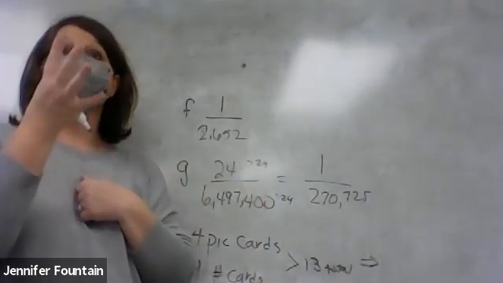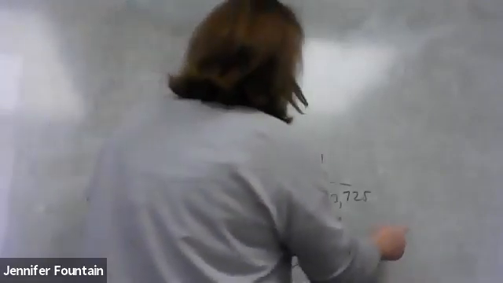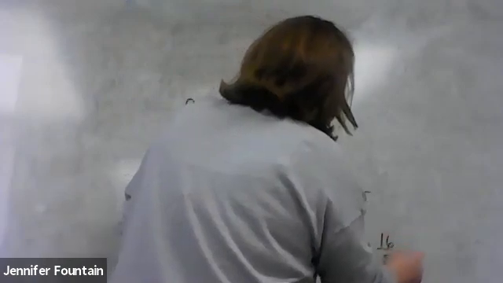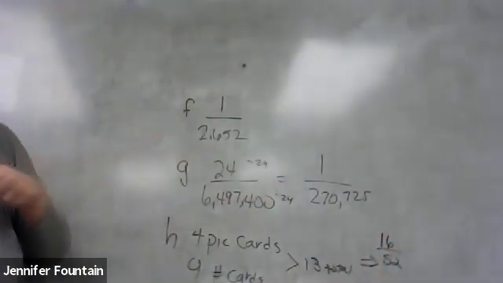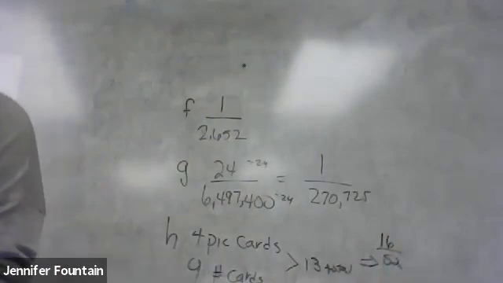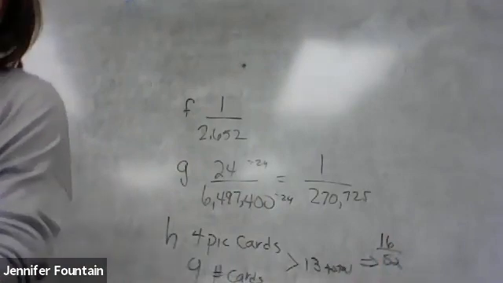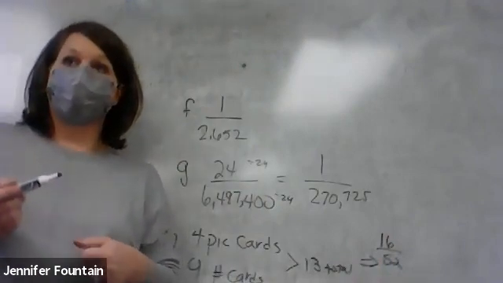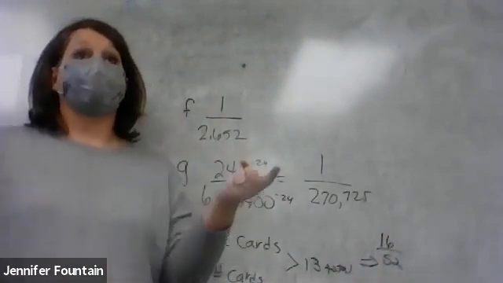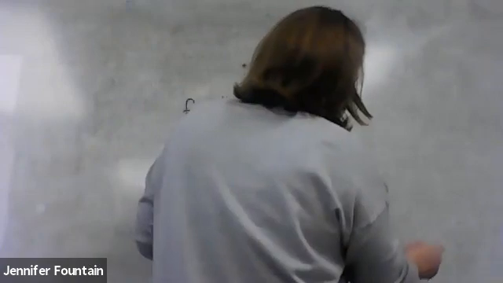So how many total picture cards do I have? 16, good. So 16 out of 52 cards are picture cards. How many number cards do I have? 9 per suit. How many suits? 4. So how many total number cards do I have? 36. Good.